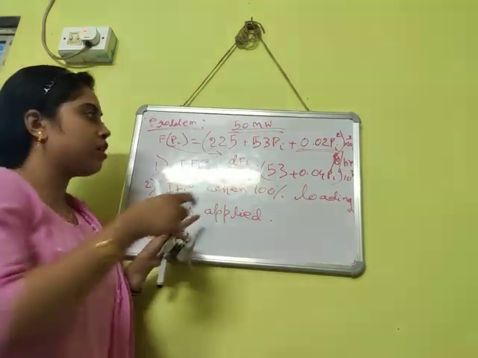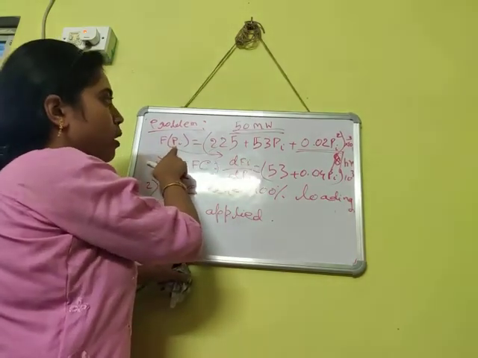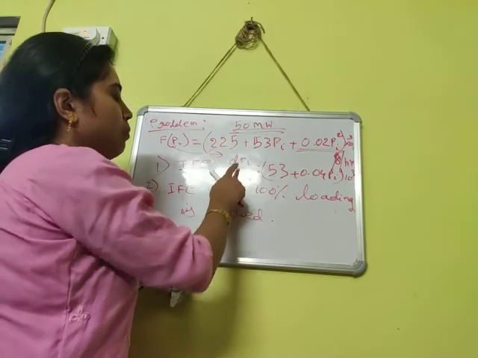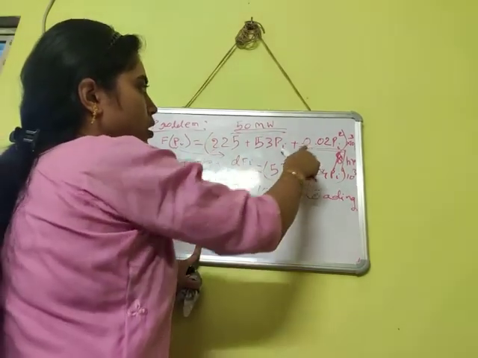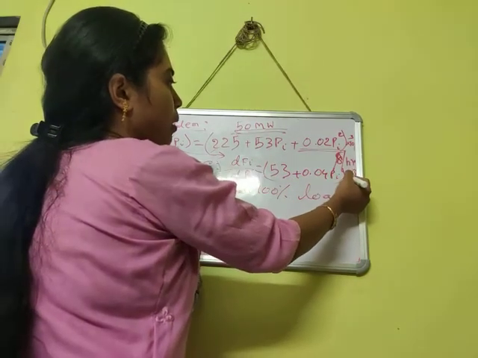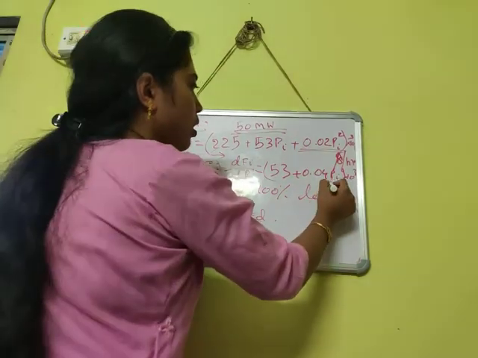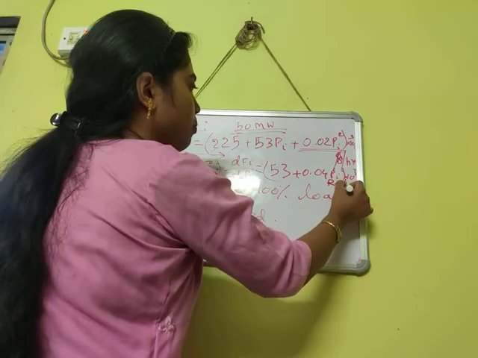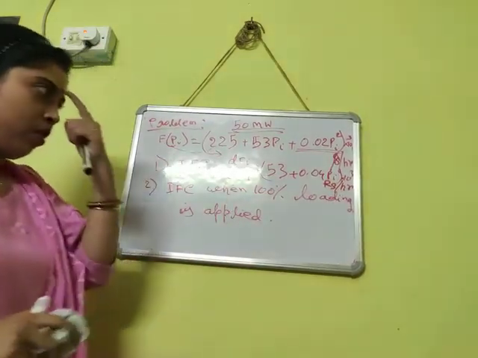Incremental fuel cost is nothing, only the differentiation value with respect to Pi. dFi by dPi equals, that term will be 0, 53. After differentiation it has become 0.04 Pi. As we have multiplied with 10 to the power 3 in the problem, the unit is rupees per hour. So I think all of you got it.